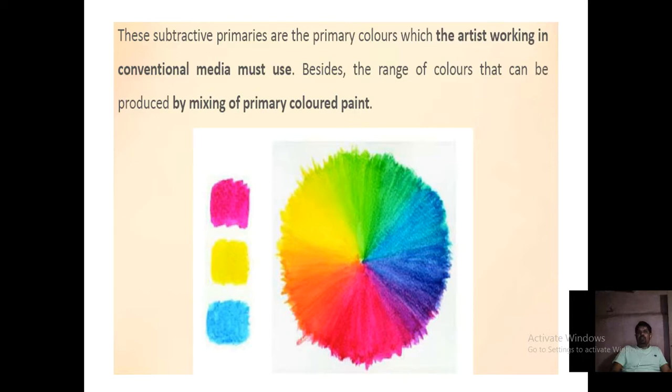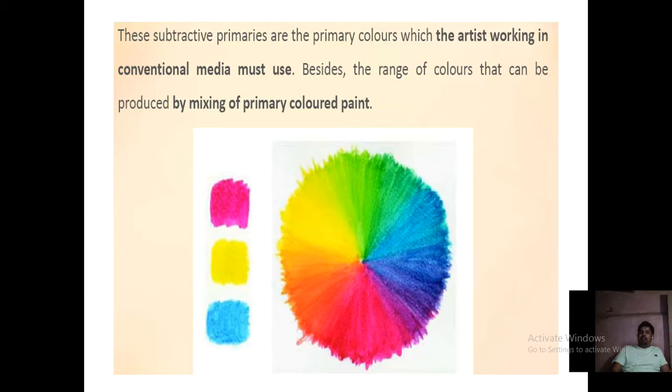The subtractive primaries are the primary colors which the artist working in conventional media must use, besides the range of colors that can be produced by mixing the primary colors of paint, right? You can use any primary subtractive colors, then you can mix any color, and you can find a range of different colors by mixing different quantities of different colors.